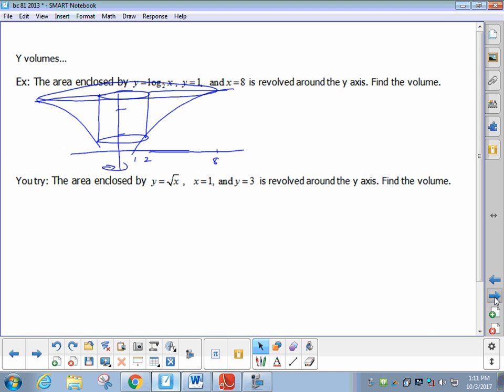Okay, so if I'm going around the y-axis, let's make sure you understand the choices here. Any region can be divided up into rectangles, horizontally or vertically. Now, if I kept doing that kind of rectangle, then isn't the thickness dx-ish thick?